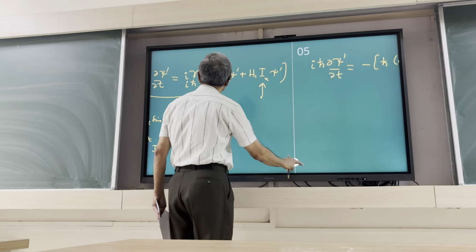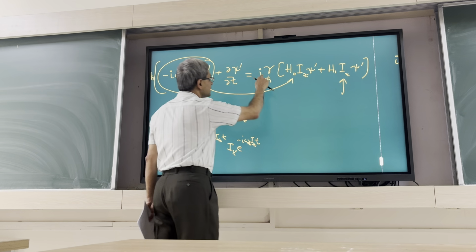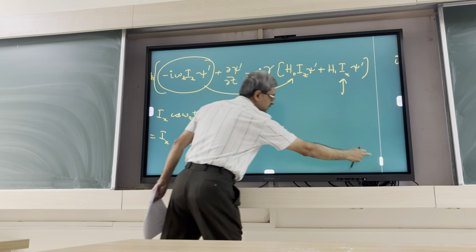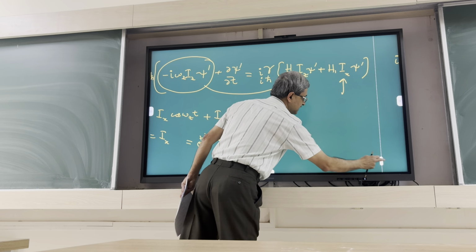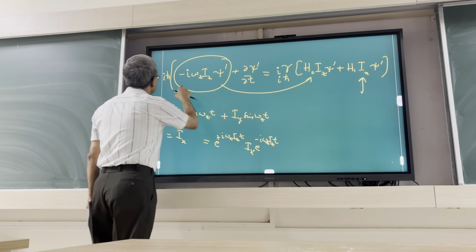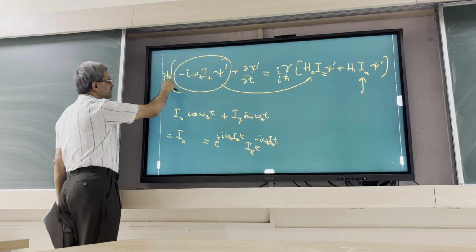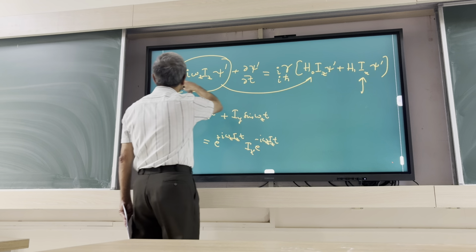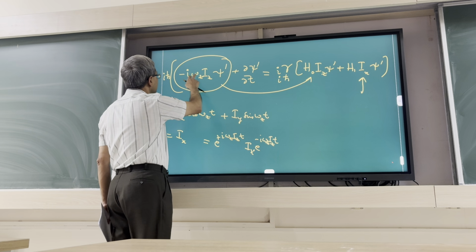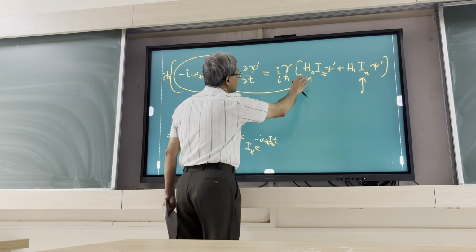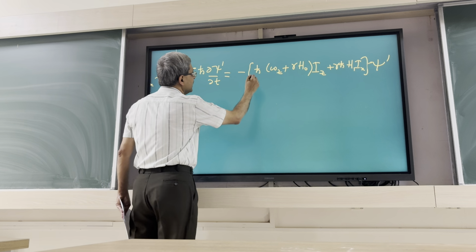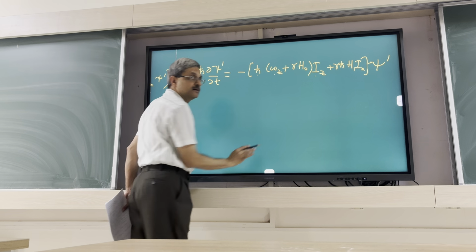Likewise, the other term, again with this I square you'll have a minus sign, and this one here also the same way. I'll have a plus sign on this side. I square is minus 1, and then I have h bar etc. So I move that to the other side, again a minus sign, and so you'll get a h bar omega Iz. Okay.